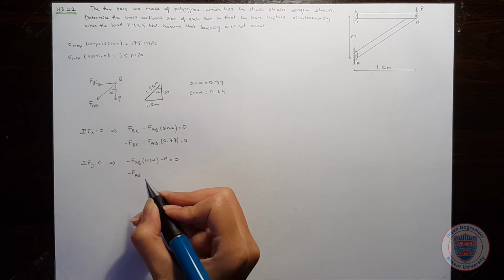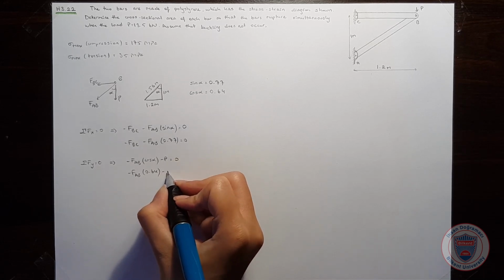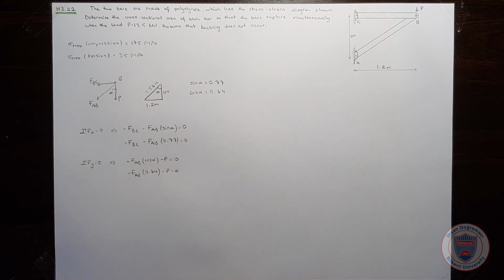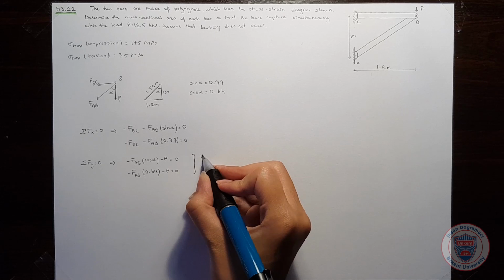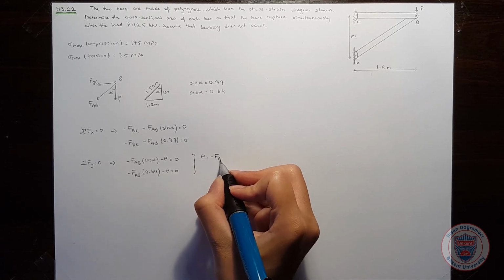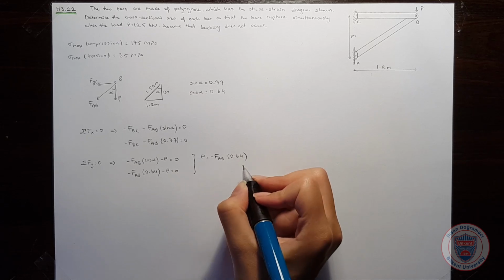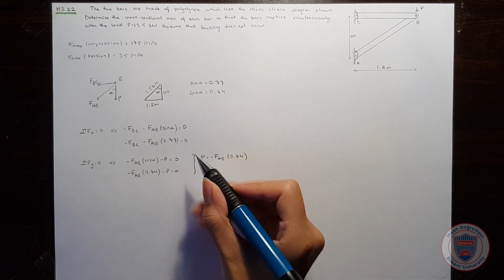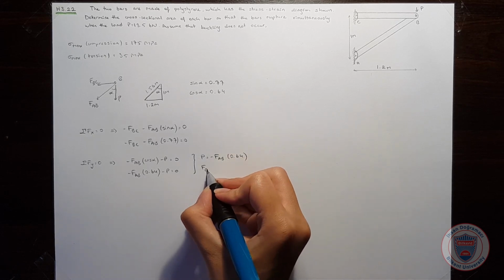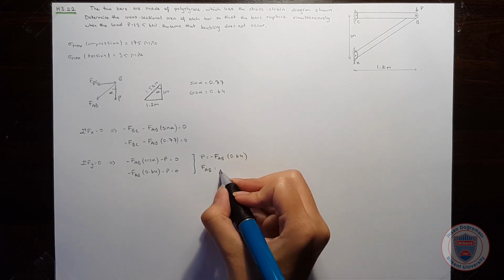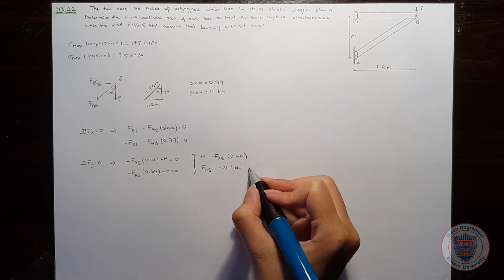Let's substitute the value of cosine alpha. So from this equation, we can say that P will be equal to minus FAB times 0.64. We know that P is equal to 13.5 kilonewtons, so FAB will be equal to minus 21.1 kilonewtons, and it is compression.